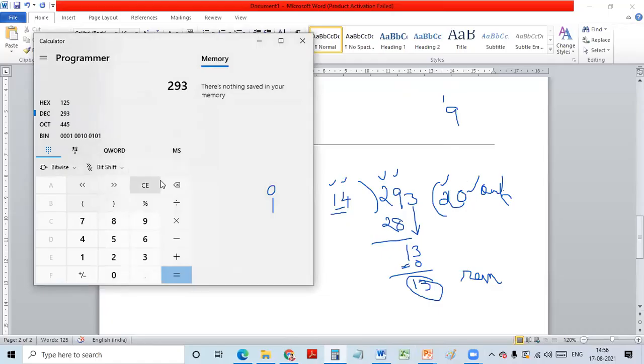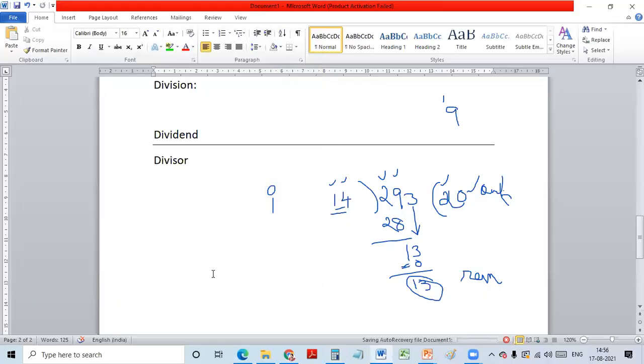Sorry, 293 in decimal is binary 100100101. Coming to the divisor 14, it is 1110. We are not dealing with sign right now. Let us take only the magnitudes.